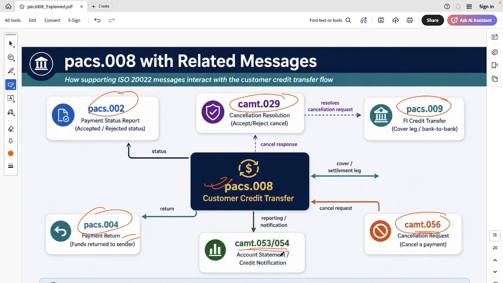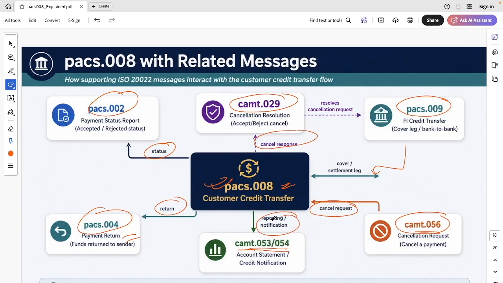So the simple way to remember this diagram is, pacs.008 starts the customer credit transfer. pacs.002 gives the status. pacs.004 handles the return transaction. pacs.009 supports the cover or bank-to-bank settlement. camt.056 is the request for cancellation. camt.029 responds to the cancellation, and camt.053 or 054 provide account reporting and notification.